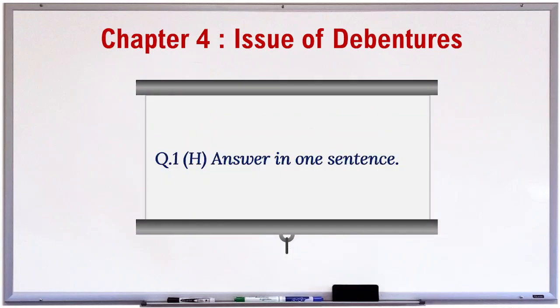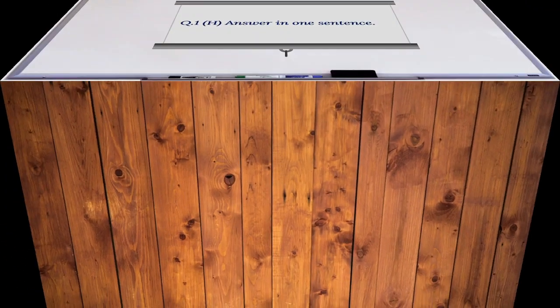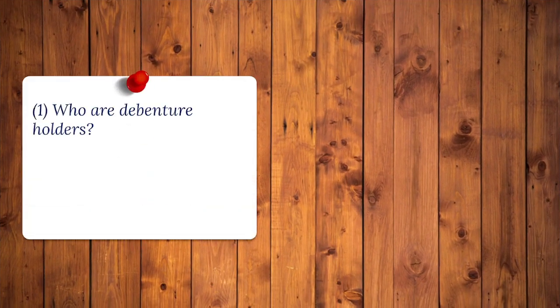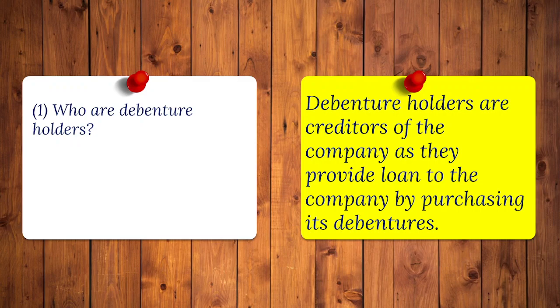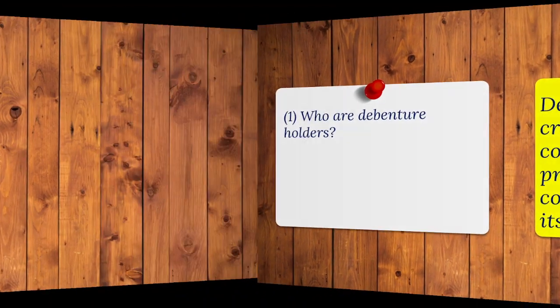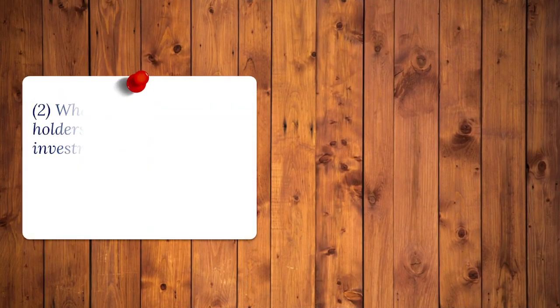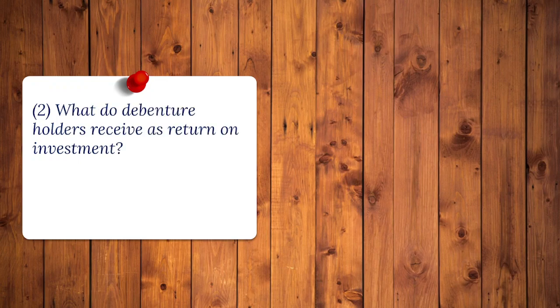Question 1. H. Answer in one sentence. 1. Who are debenture holders? Answer. Debenture holders are creditors of the company, as they provide loan to the company, by purchasing its debentures. 2. What do debenture holders receive as return on investment?